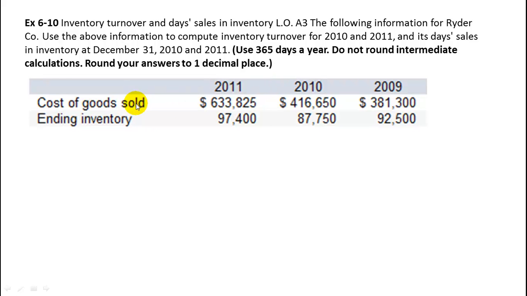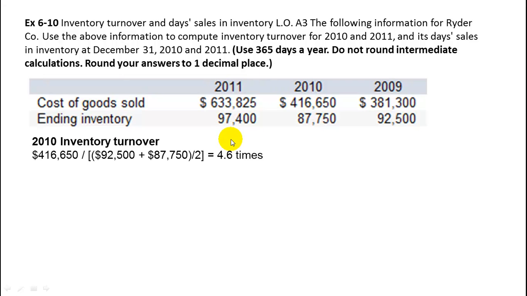So we have the cost of goods sold and the ending inventory for 2009, 2010, and 2011. If we want the 2010 inventory turnover, then we start with the $416,650, which is the cost of goods sold for 2010, and we divide that by the average inventory for 2010, which will be the 92,500, which is the end of 2009, and it's the same thing as the beginning of 2010.